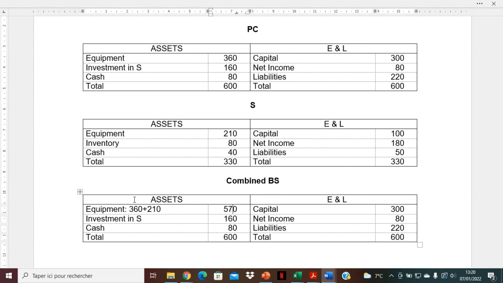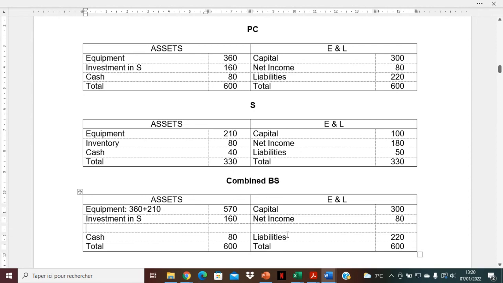That means we have 570. The investment is the investment. We also have some inventory for the subsidiary that I need to record, so plus 80 in inventory. And cash we have at the end of the year 80 for the parent plus 40 for the subsidiary. So 120 in cash.